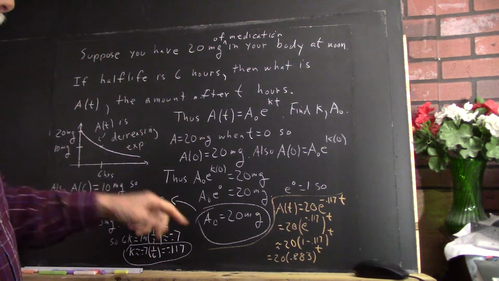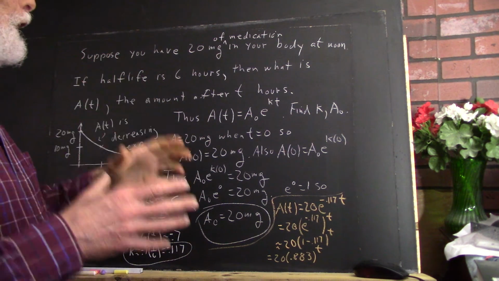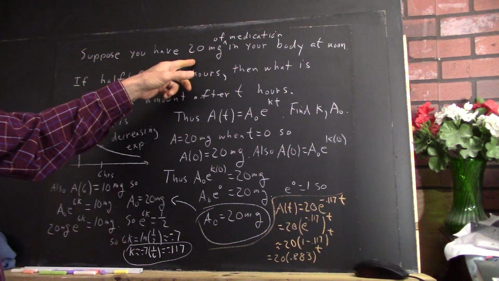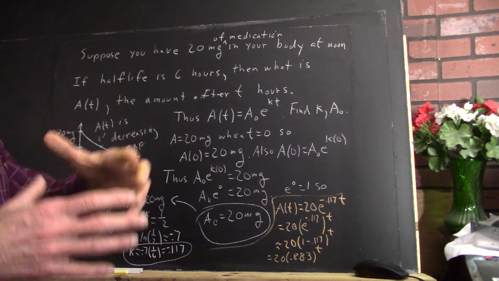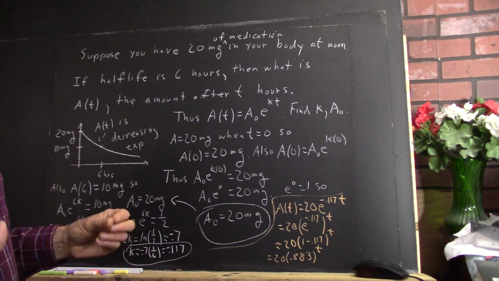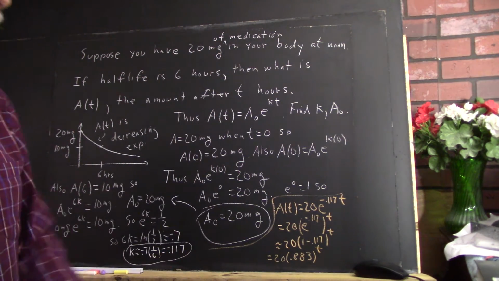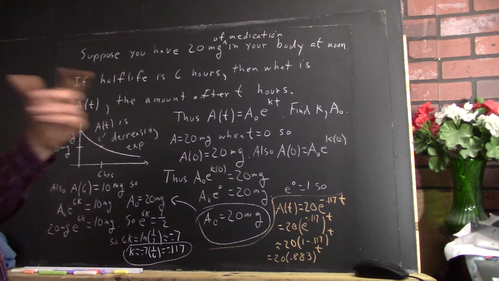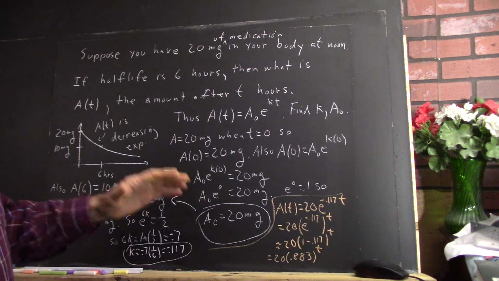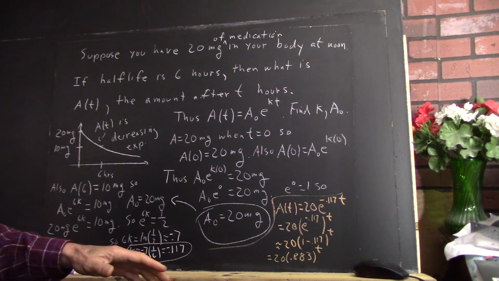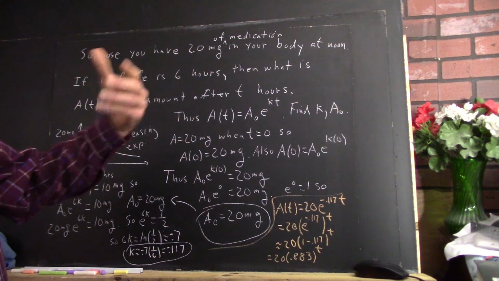But this is based on the idea that the rate at which you metabolize those drugs is proportional to how many drugs you have in your body. So if you've got twice as much of this drug, your body will be twice as active in metabolizing it. So it's an important model. It gives us a good approximation in certain circumstances with certain medications, with people in certain states of health.